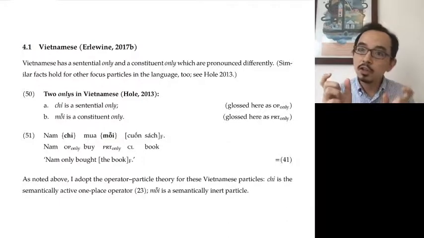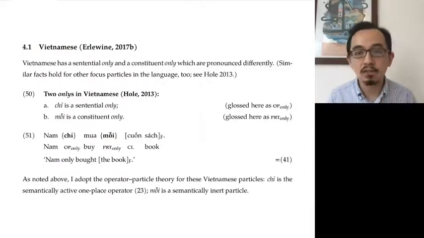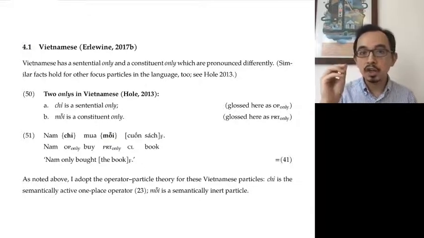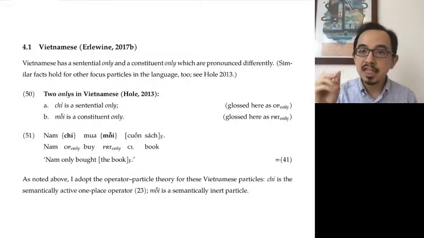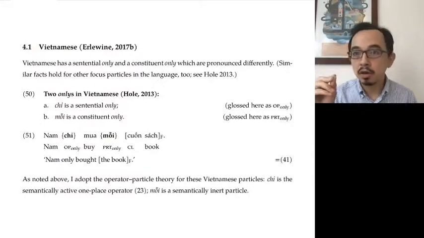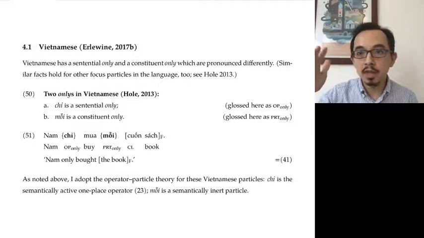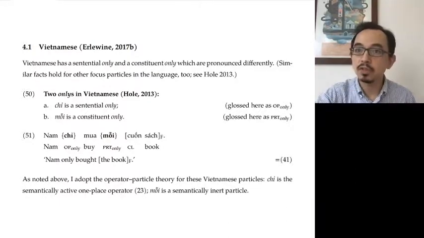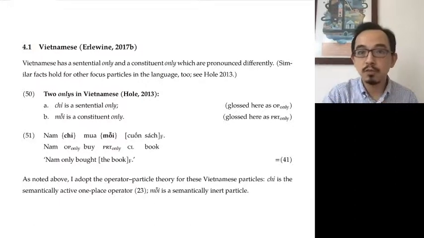So when they co-occur, there has to be descriptively some kind of concord relationship. I analyzed this previously, and I will continue to do so by talking about chỉ as the operator which sits on the clausal spine and associates with focus. So it looks at its alternatives in its sister and associates with focus.